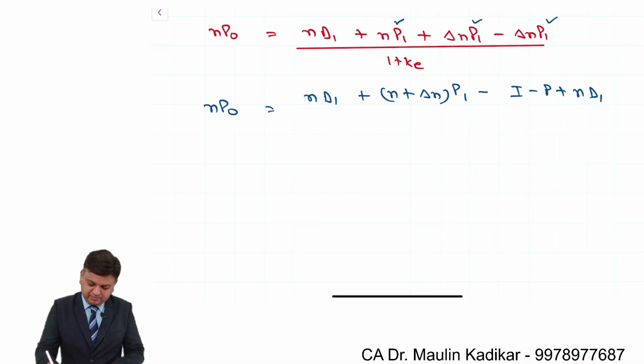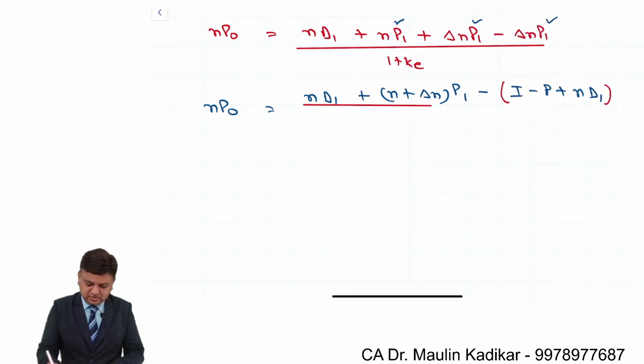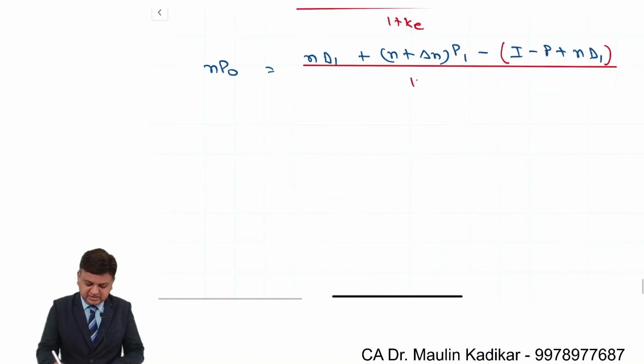Bracket over, whole divided by 1 plus K.